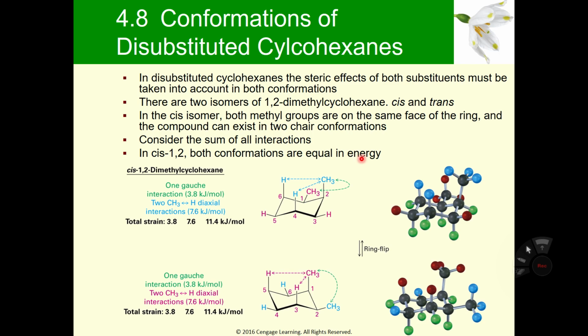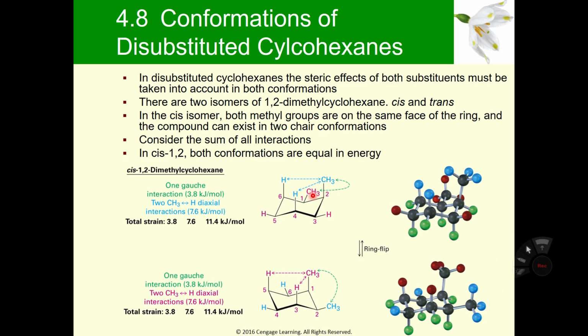That's gauche conformation. If you look at carbon 1 and 2, right? So there is one gauche interaction between the red CH3 and the blue CH3. Also, there are two 1,3-diaxial interactions between H and CH3 because the blue CH3 is in the axial position. But there is no 1,3-diaxial interaction from the red CH3 because the red CH3 is in the equatorial position.